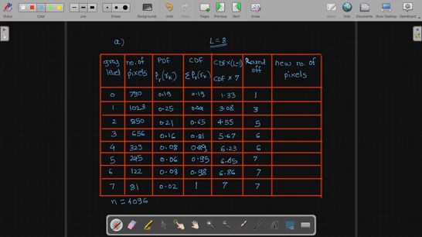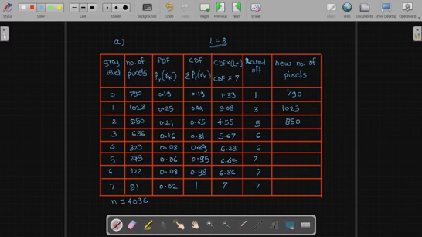Okay, after this we have to write down the new number of pixels. So it is 790 pixels to 1. For 3 we have 1023 pixels. For gray level 5 we assign 850 pixels.